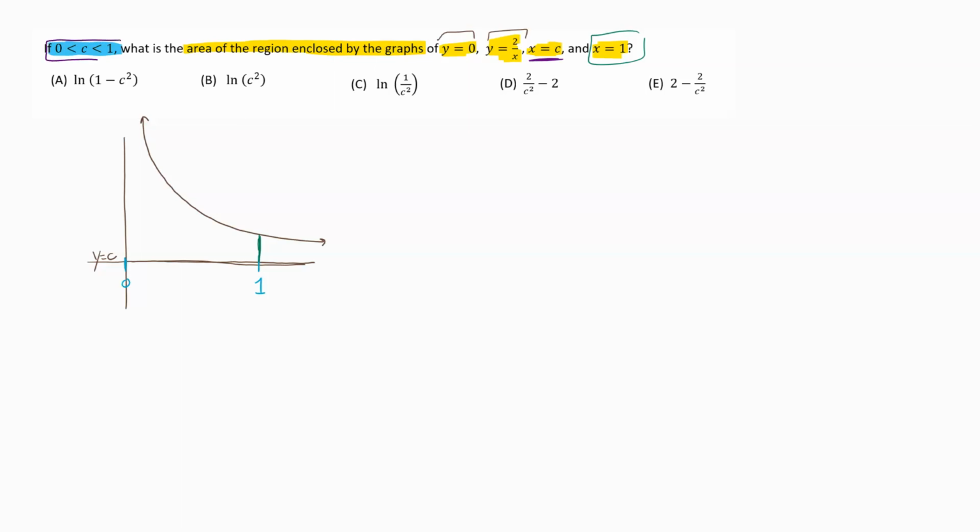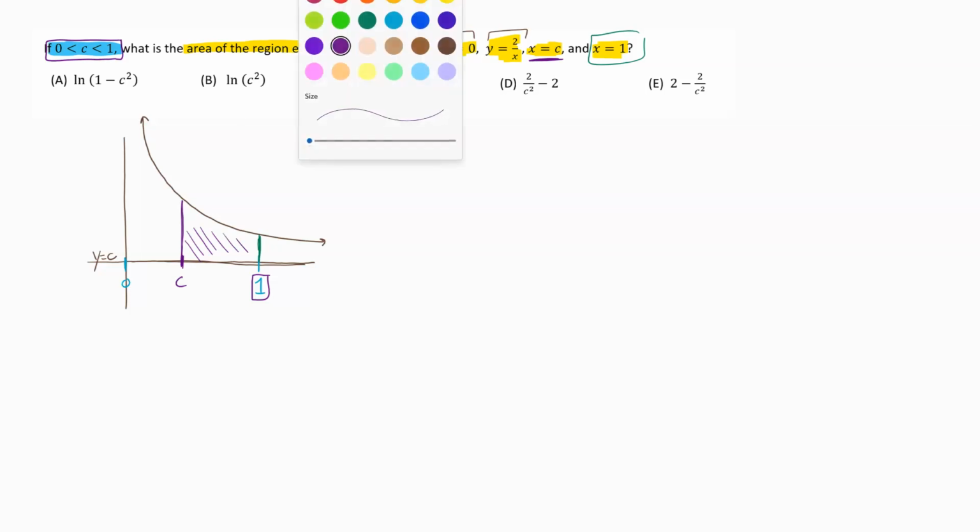That's where this first piece comes into play. They're telling us that c has to live between 0 and 1. Since 1 is our endpoint out here, we know c has to be some other value back here. It doesn't really matter where, but you want to give yourself that little picture to work from. Now, what they're asking you to find is going to be this region here.